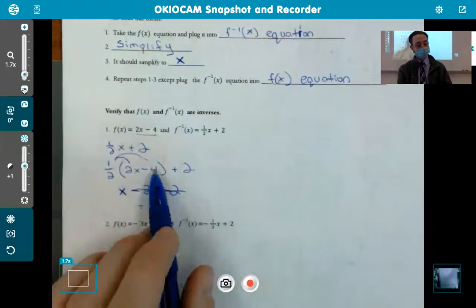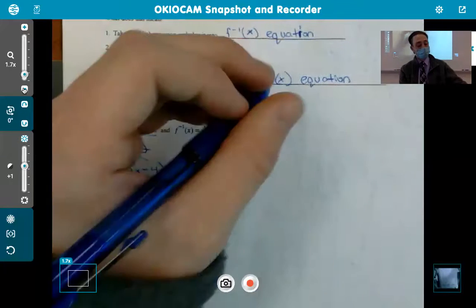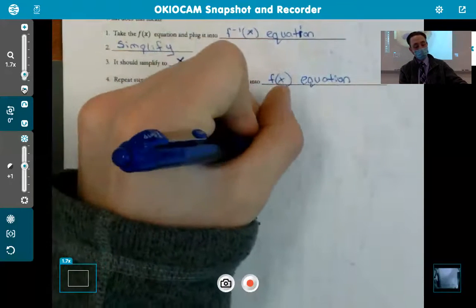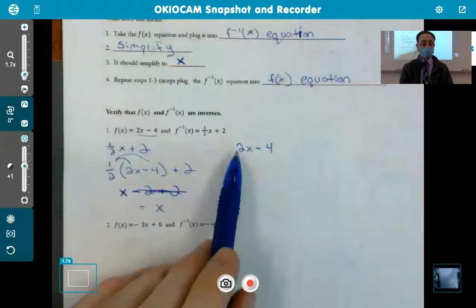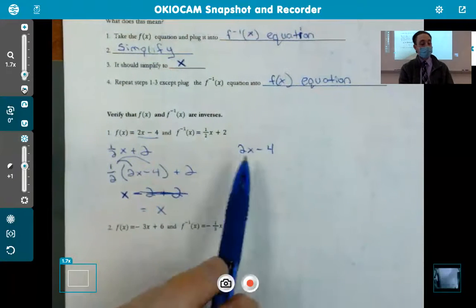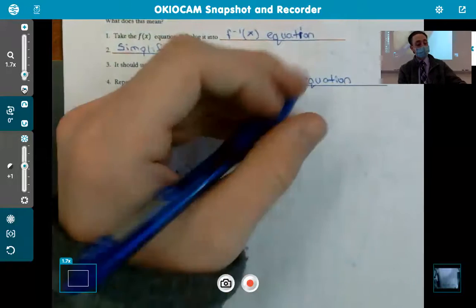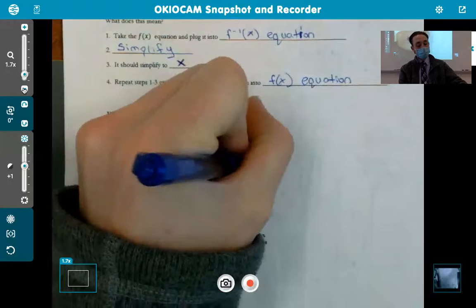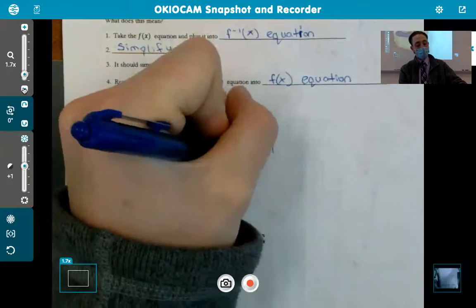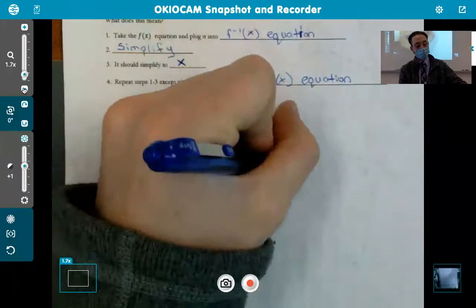So I'll take the 2x minus 4. I'll write that down. That's my f of x. And now wherever I see an x, I'm going to plug in the 1/2 x plus 2.